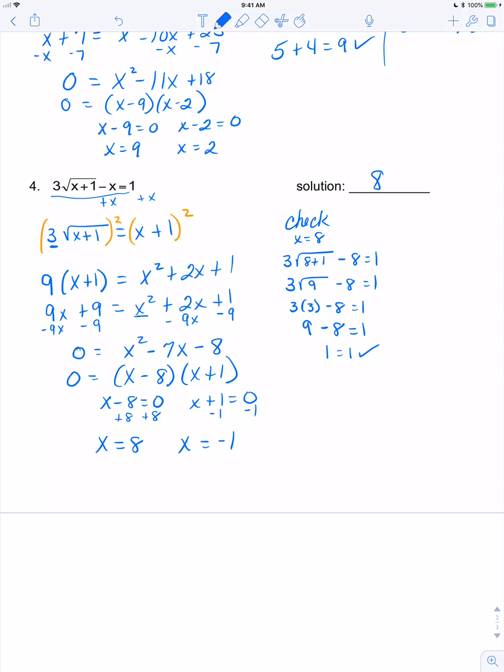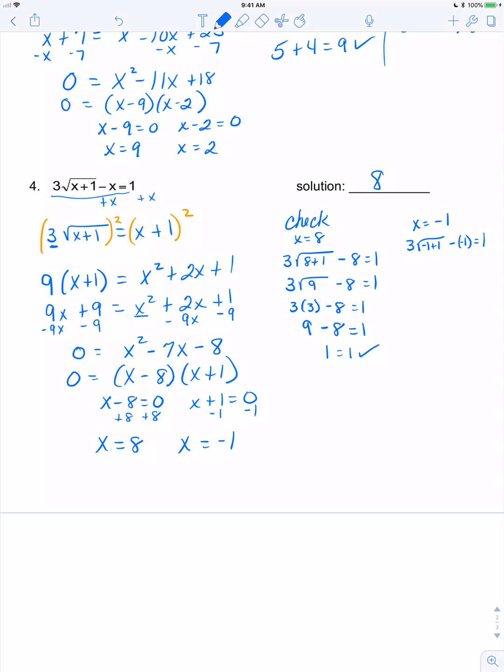Now we're going to check x being negative 1. So 3 times the square root of negative 1 plus 1 minus x, which is negative 1, is that equal to 1?